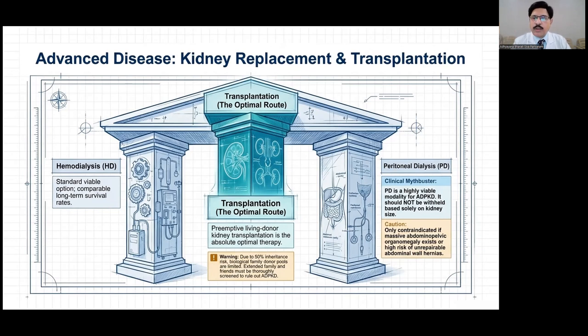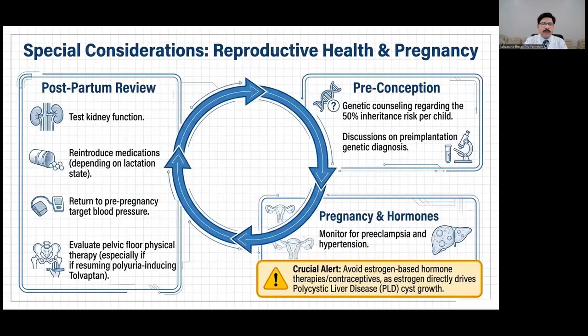Massive organomegaly and very big abdominal wall hernias. Other than that, you should try peritoneal dialysis. And transplantation, optimal route: preemptive living donor kidney transplantation is the absolute optimal therapy. So these three are called the renal replacement therapy: hemodialysis, peritoneal dialysis, and of course the transplant.